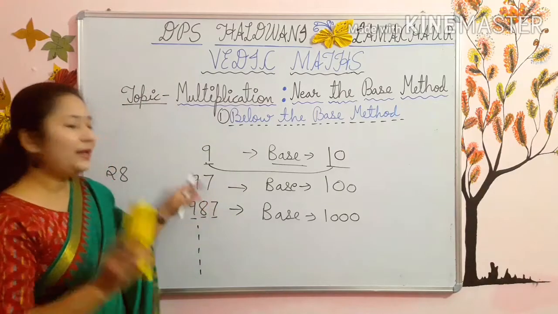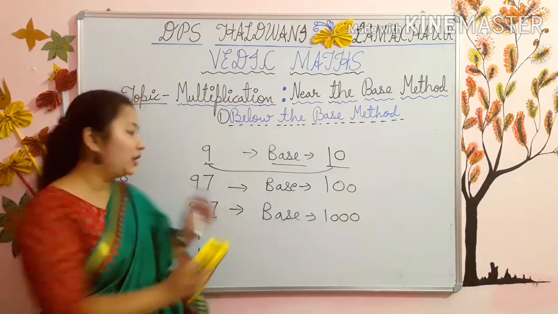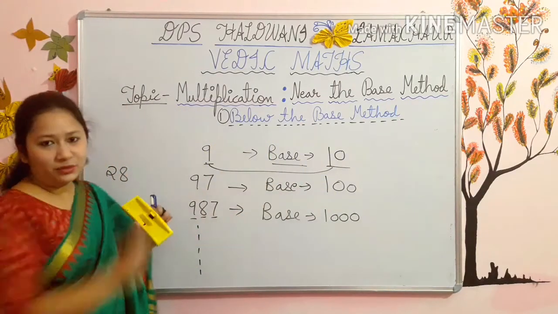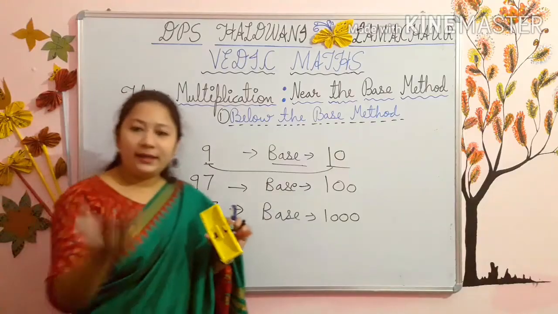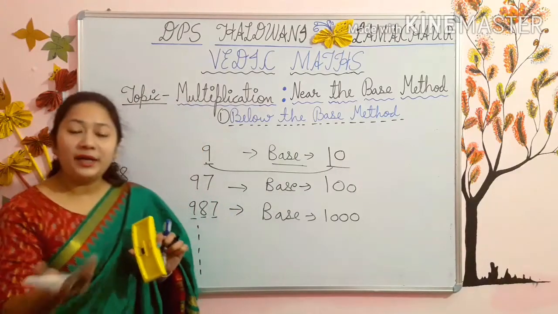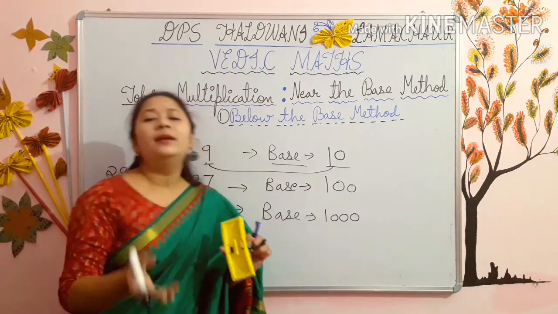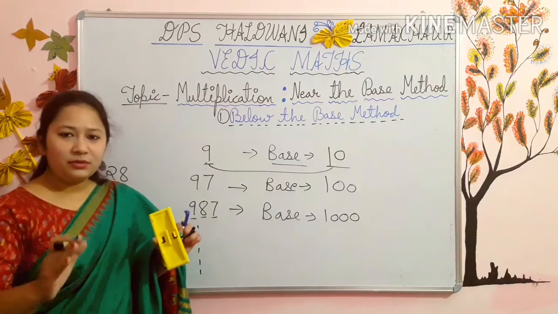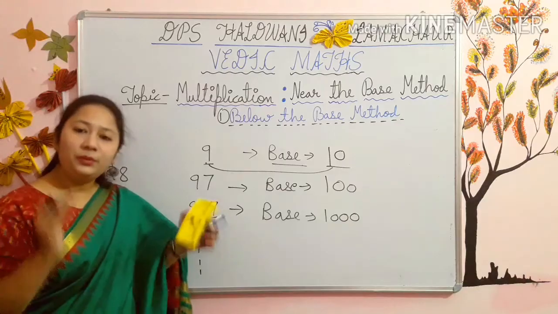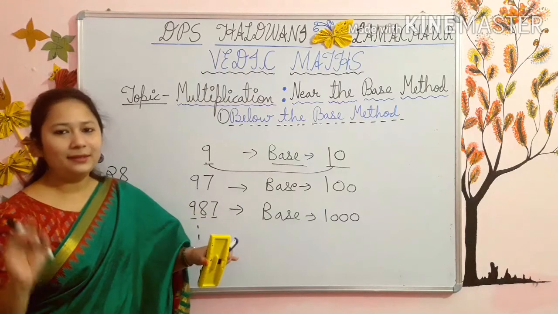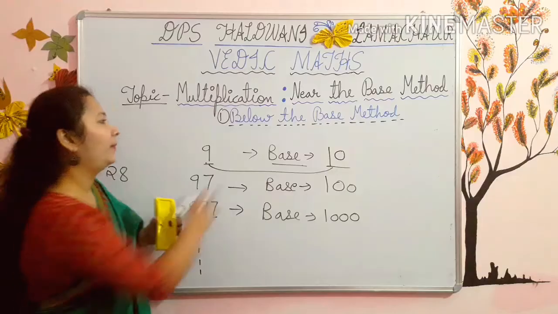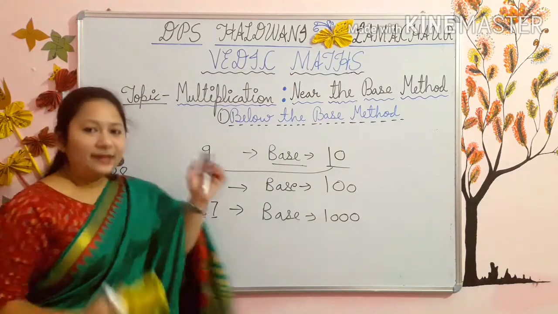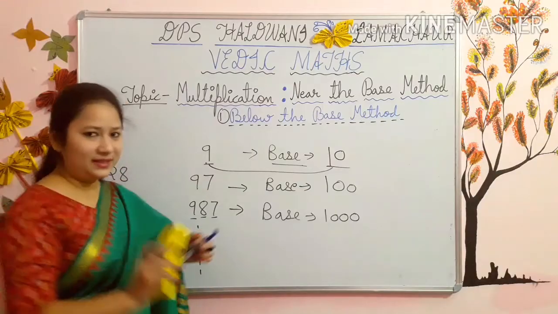So your today's topic is based on the numbers which are closer to the base. Yes, those which are very near to the base. Like 97, 98, 93, 92, 91, 89, 83, that is, numbers from 70 to 100 which are very near to their base, this multiplication method is applicable for them. Near the base means those which are close to the base. You will get it more when I do the first sum.